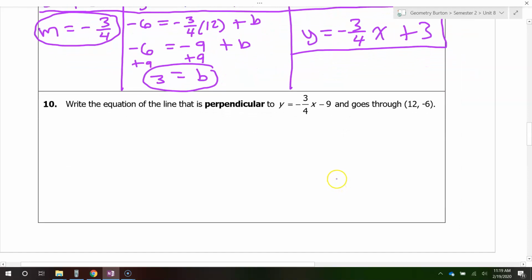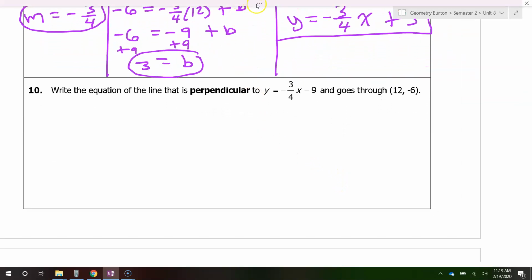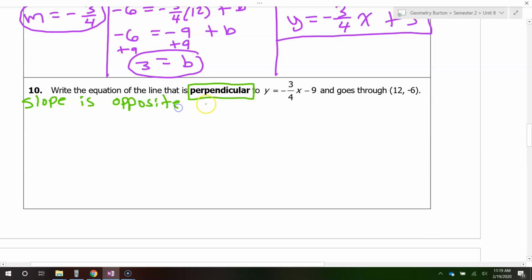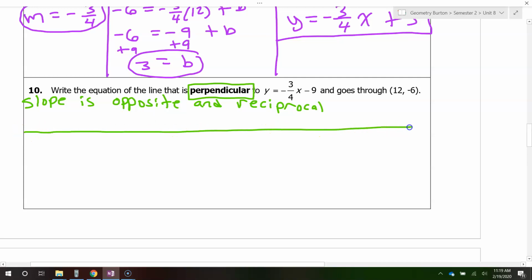For number 10, it's going to be similar, but this time the key word is perpendicular. When you have a perpendicular line, the slopes are opposite and reciprocal. So what do I mean by all of that?